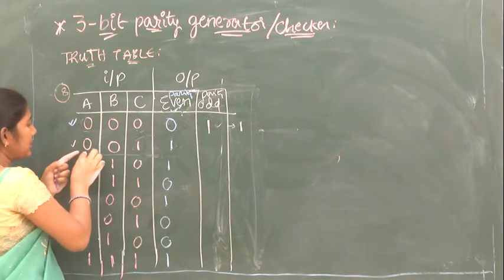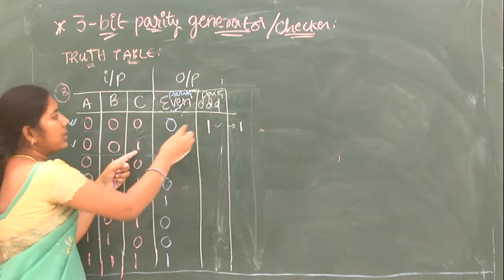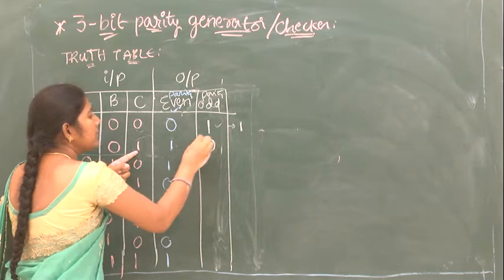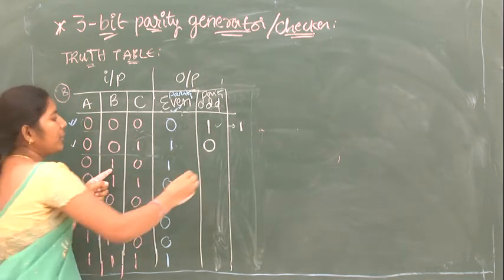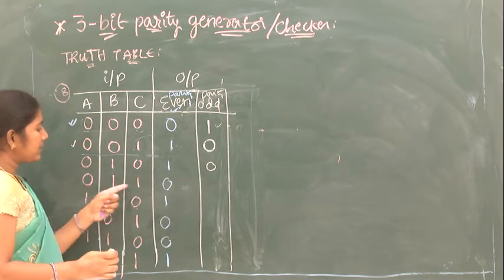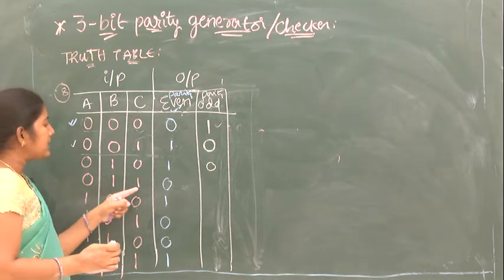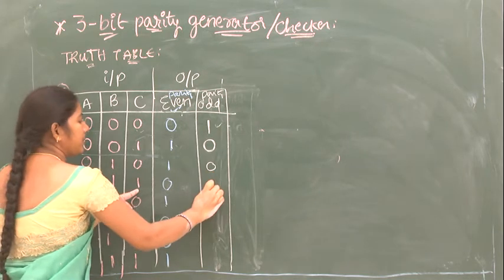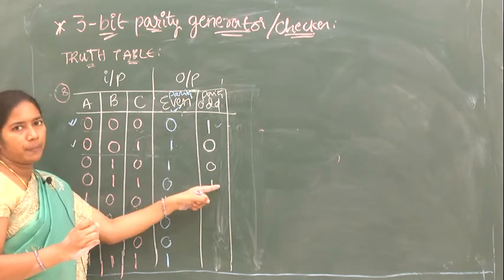Now for this information, we already have an odd number of ones, so I will make this bit 0 here. We already have an odd number of ones, so I will put 0. In this, we have an even number of ones, so as it is even, I will put 1 here. So the total number of ones in this case is odd.